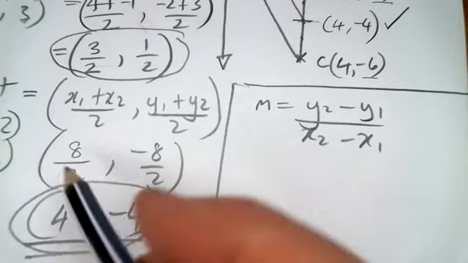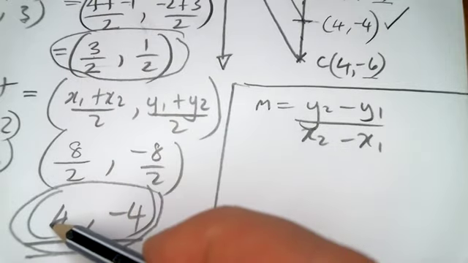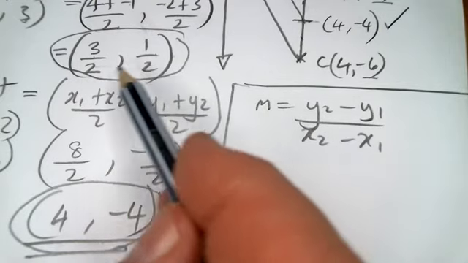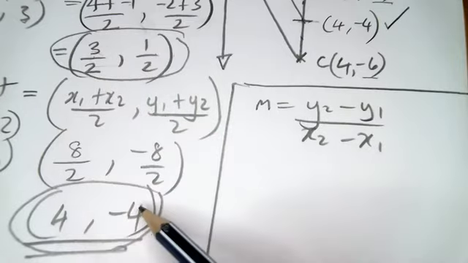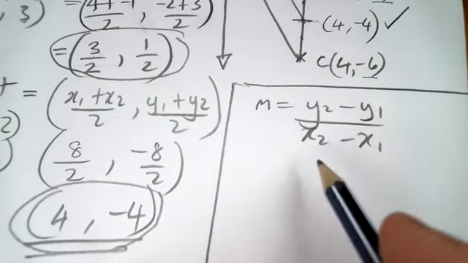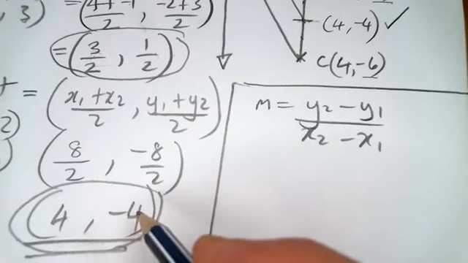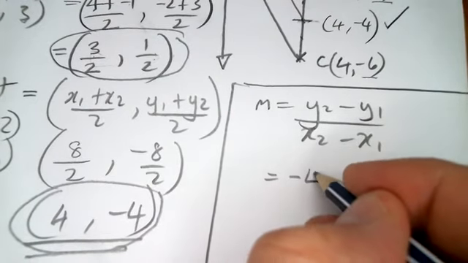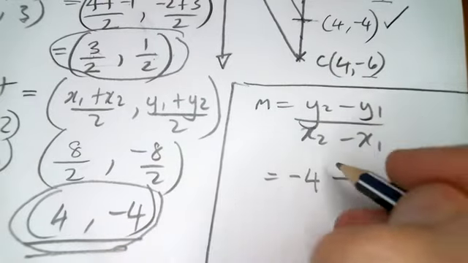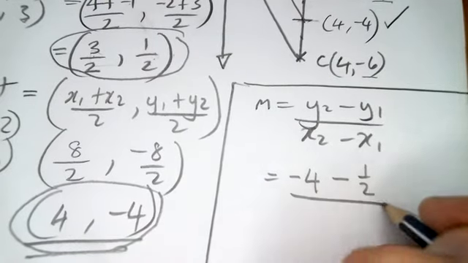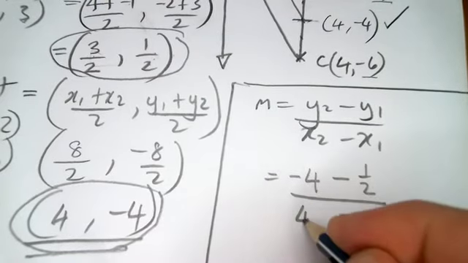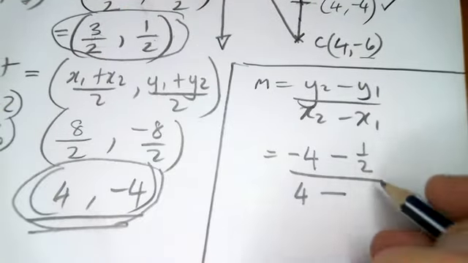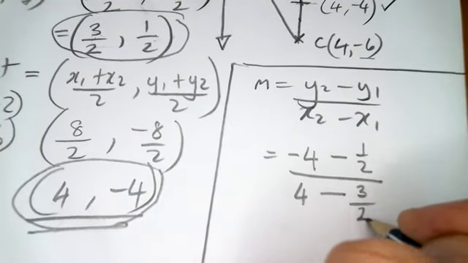So I've got my 2 x values and my 2 y values. It doesn't matter which ones we choose, as long as we don't cross them over. So let's go y2 minus y1. I'm going to call this y2, this y1. So that's going to equal -4 minus 1/2 over x2, 4 minus x1, which is 3 over 2.